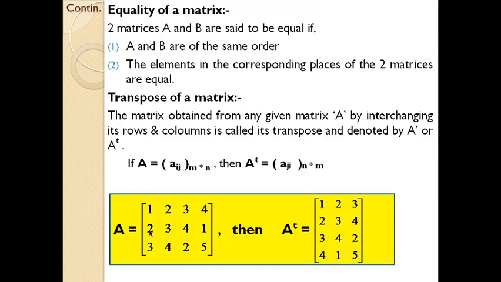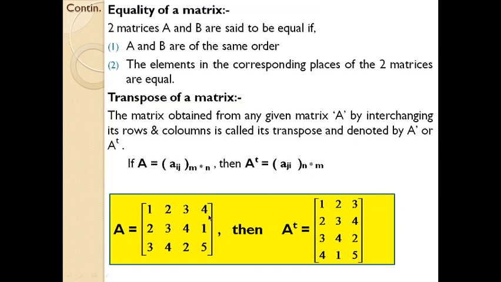And see, here the second row is interchanged to the column of the second matrix. Here the third row of the first matrix is interchanged to the third column of the second matrix. Likewise, if you go through the columns, see here the first column of the first matrix is interchanged to the first row of the second matrix.